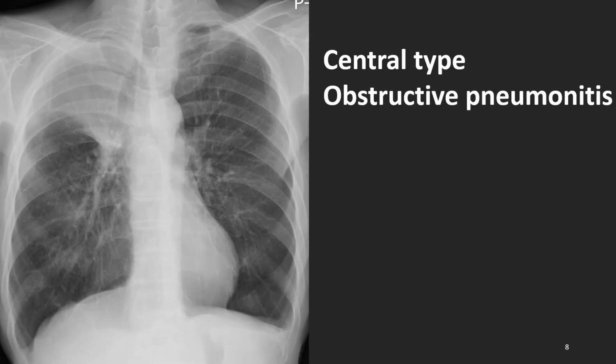This is the first case of central type lung cancer. We remember this patient. Yes, right upper lobe collapse due to proximal central lung cancer obstructing the right upper lobe bronchus, and distal collapse, showing obstructive pneumonitis.